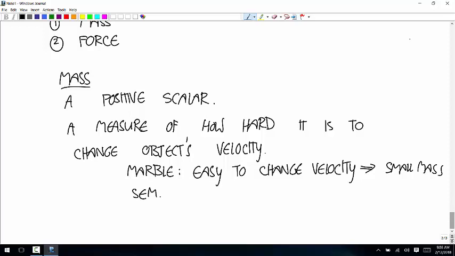A semi, if that's coming to you across the table, it's going to be hard to change its velocity. And so a semi has a big mass.